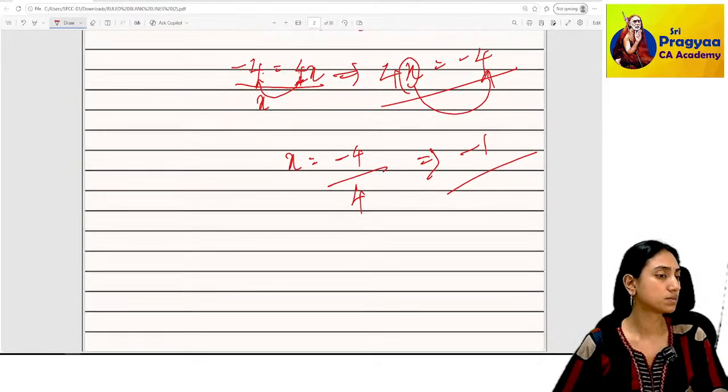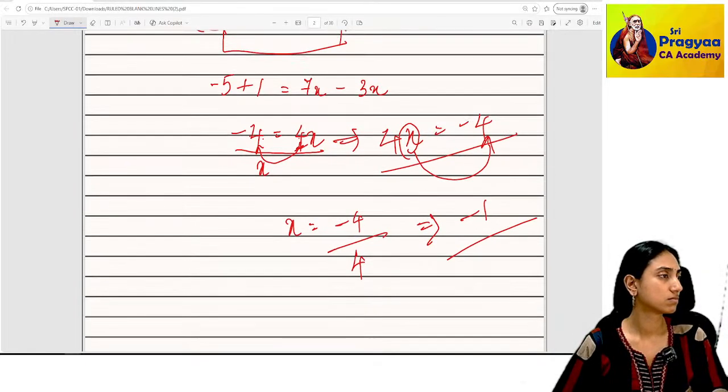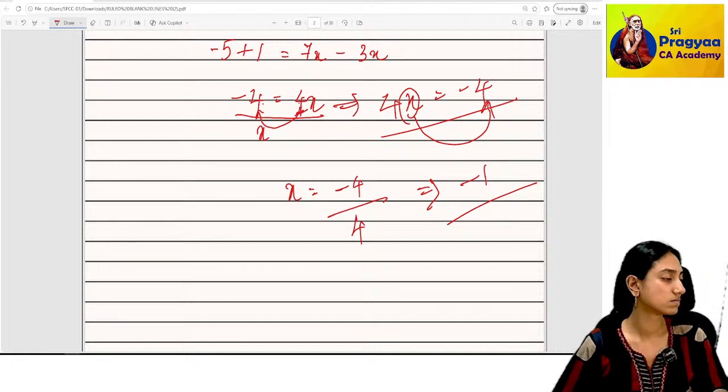Screen is not visible. Is that the case for all of you? Are you not able to see the screen?